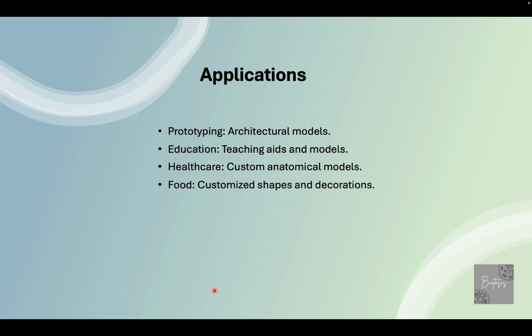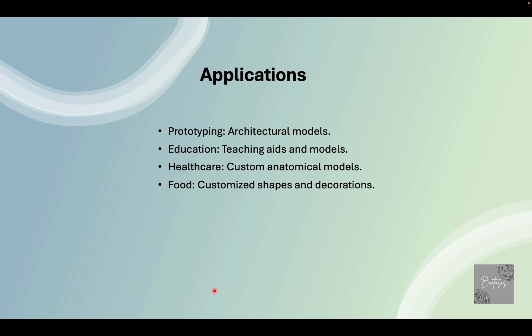Because these types of systems are easy to use in lab environments. So teaching aids and models can be prepared as well, and these systems are majorly used in labs for teaching purposes, apart from just being used for teaching aids and models. So that part I wanted to specify.